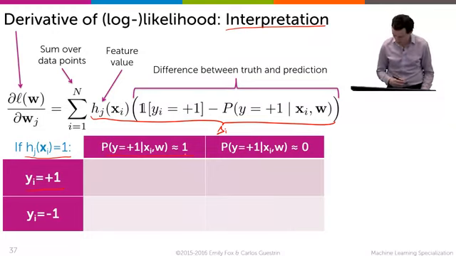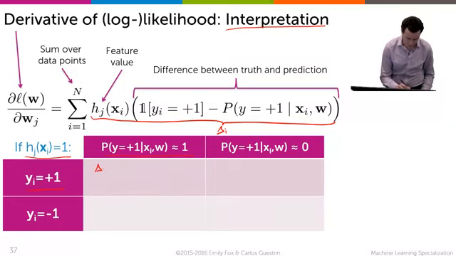So let's interpret what happens. In this case, delta I is going to be equal to the difference between 1, the indicator function is positive, and the probability here, which is approximately 1. So this whole thing is going to be approximately 0.